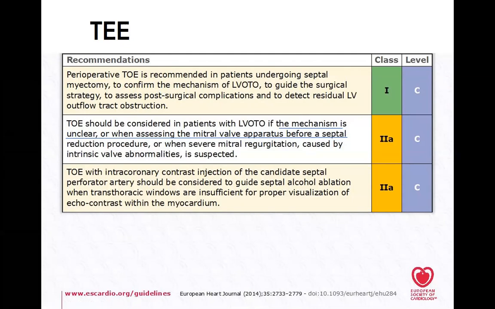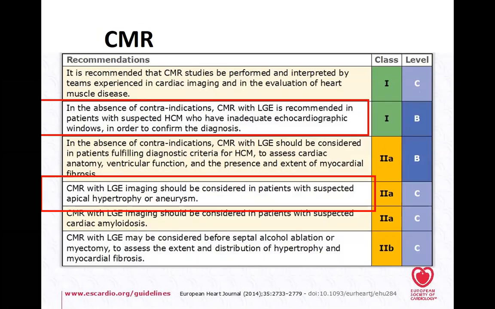If you're not sure about the mechanism, then you go for a TEE. This is class 2A: you can use TEE with intracoronary contrast injection of the candidate septal perforator arteries, if you're planning to do a septal alcohol ablation, because sometimes transthoracic is insufficient for proper visualization of the echo contrast within the myocardium.